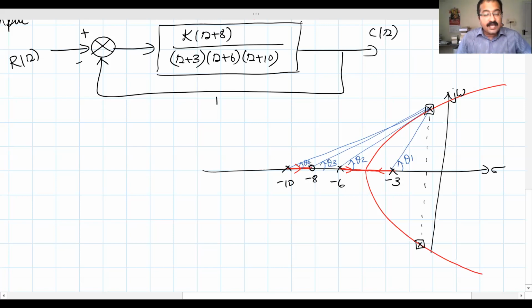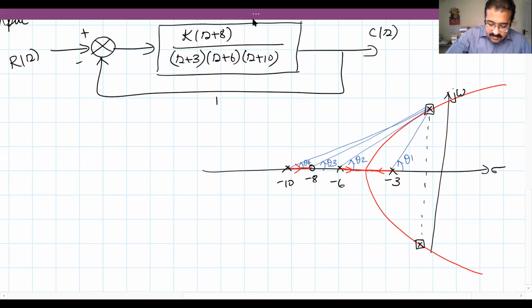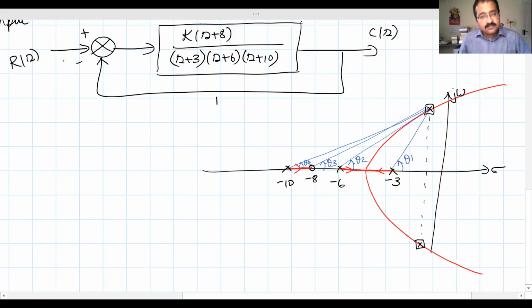Now we have to calculate these angles. The sum of these angles must be equal to plus or minus 180. Why? Because this dominant closed loop pole is on the root locus, and from the angle condition, any point is on the root locus only if the net angle is an odd multiple of plus or minus 180 degrees.